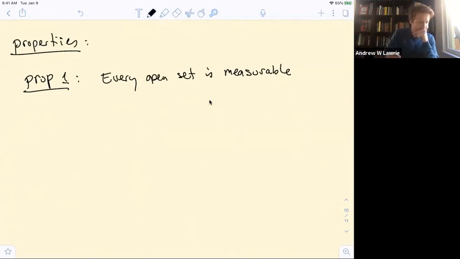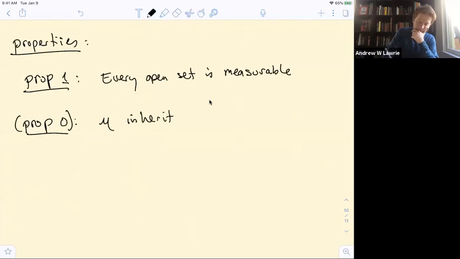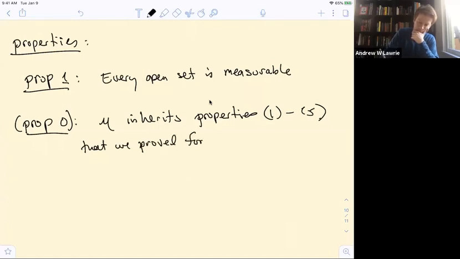Observation, maybe this is property 0, I should have put this before the first one, is that mu inherits what I called properties 1 through 5 that we proved for mu star.